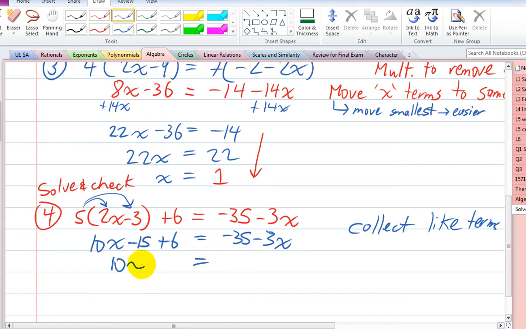So we get 10x minus 9. Is that right, please? Equals negative 35 minus 3x. Now you want to move the x terms. So we added one more thing, collecting like terms. We're pretty much at the full meal deal now of the questions.